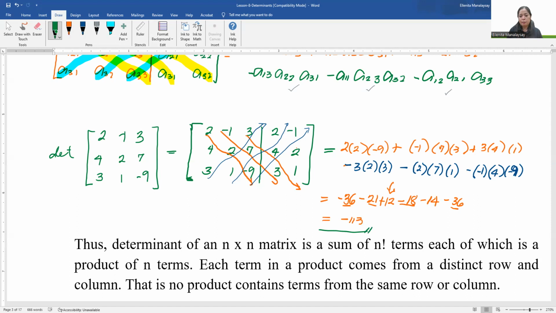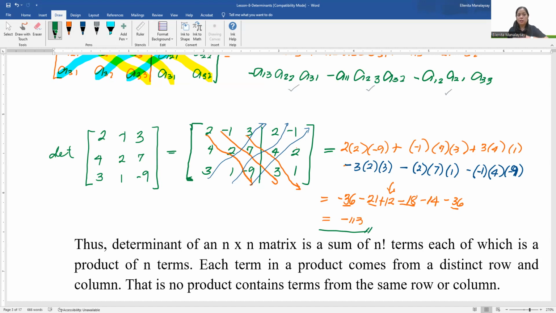And in the context of the determinant, even permutation yields a positive sign, while odd permutation yields a negative sign. Then to find the determinant, we take the product of entries. We take one entry from different rows and different columns.